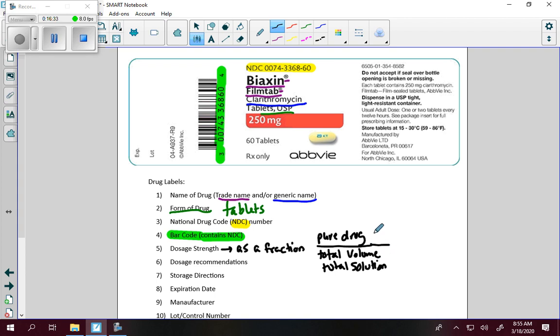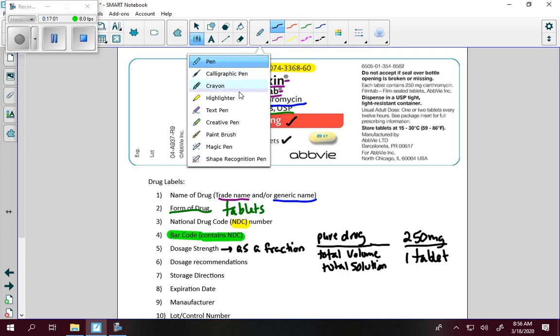So your strength fraction would be 250 milligrams per tablet. Awesome. If it was a liquid, it would have been something like 250 milligrams per 5 milliliters, or however much the total milliliters that contain that 250 milligrams would be. But right now it would be 250 milligrams per 1 tablet.